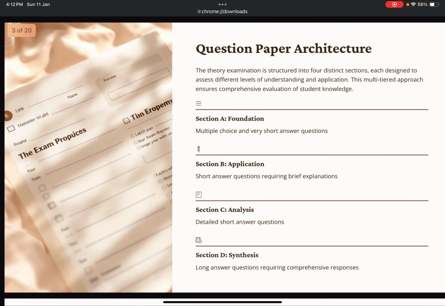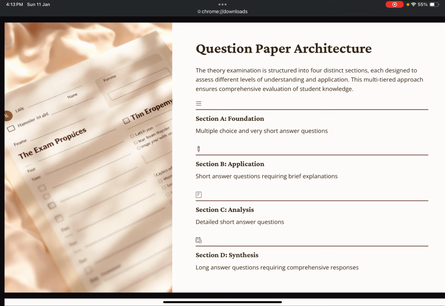The question paper is basically divided into 4 sections, and each section is unique in the sense that it has different types of questions incorporated in it, and the level of difficulty is also accordingly. Section A is a foundation section, wherein you would experience multiple choice questions, or what is known as the objective type questions, and also questions with very short answers.